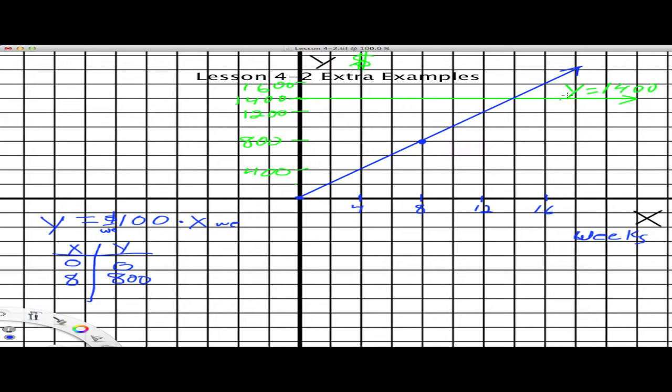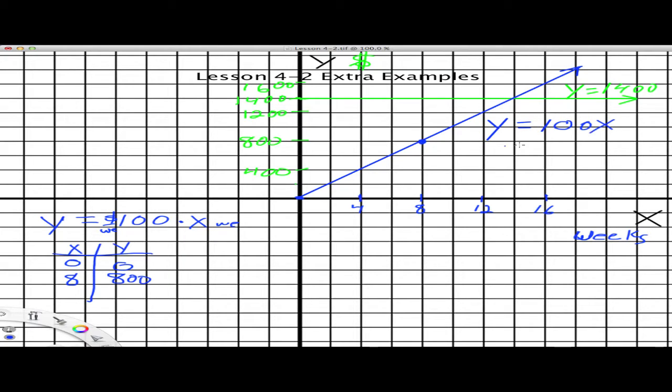But now we've got a line we've drawn that is his spending line. This is the line for y equals 100x. So that's this line.